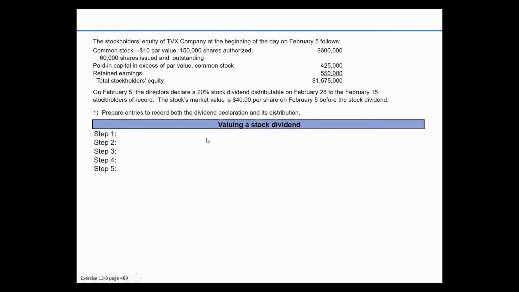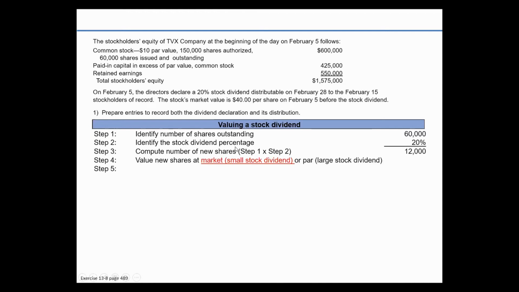So the first step in valuing the stock dividend is to identify the number of shares outstanding. We see that we have 60,000 shares outstanding. Then we'll identify the dividend percentage, which we said was 20%. Compute the number of new shares: 60,000 multiplied by 20% is going to be 12,000 new shares. And so we will have to figure out the value of the new shares at the market value.